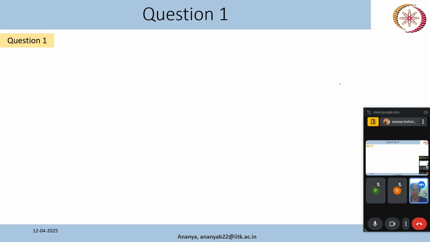So let's take a question. I am just trying to give an overview of one or two weeks, and then one question that we discussed during that time. The question is, what are the advantages of microfluidics?